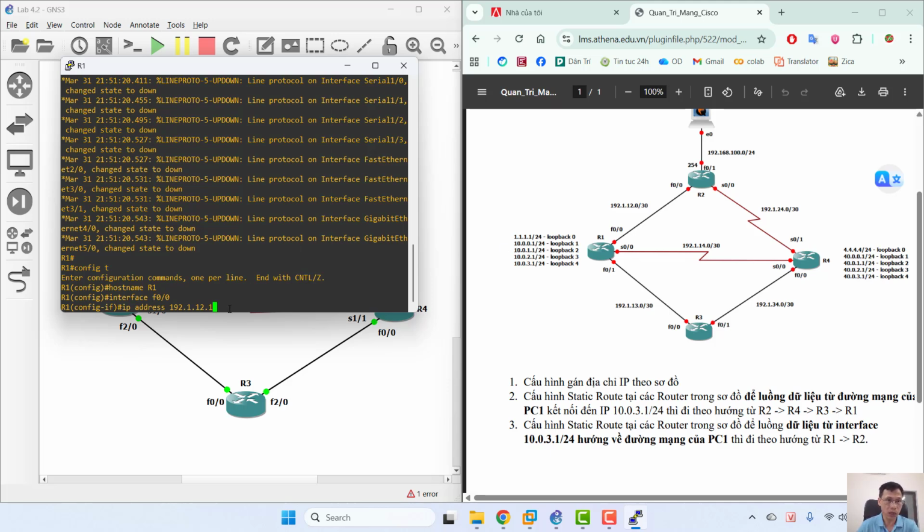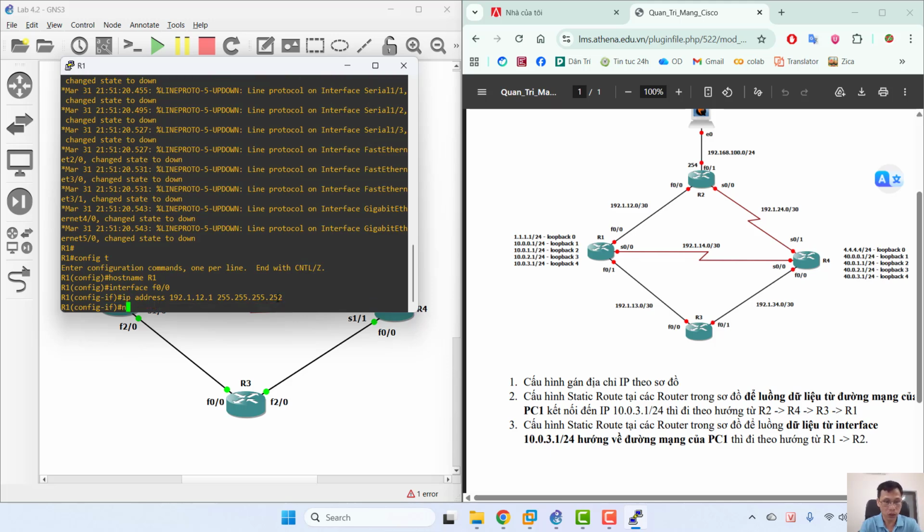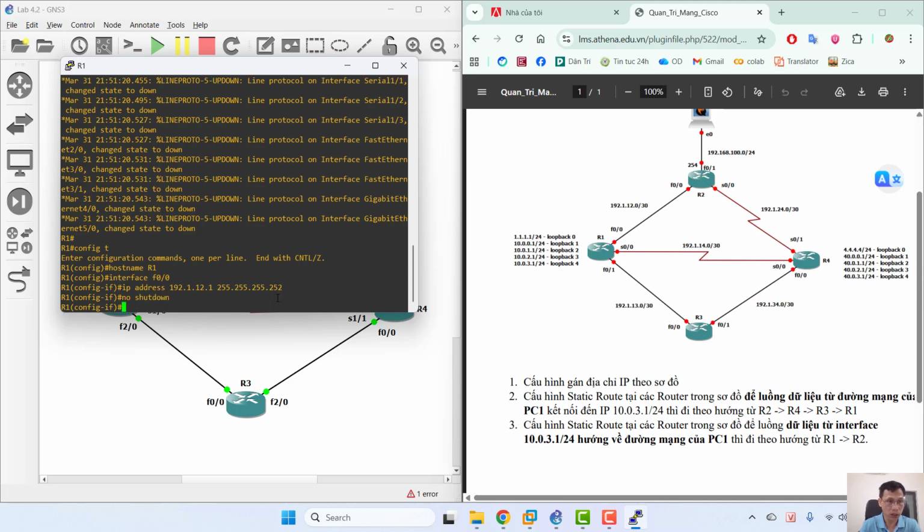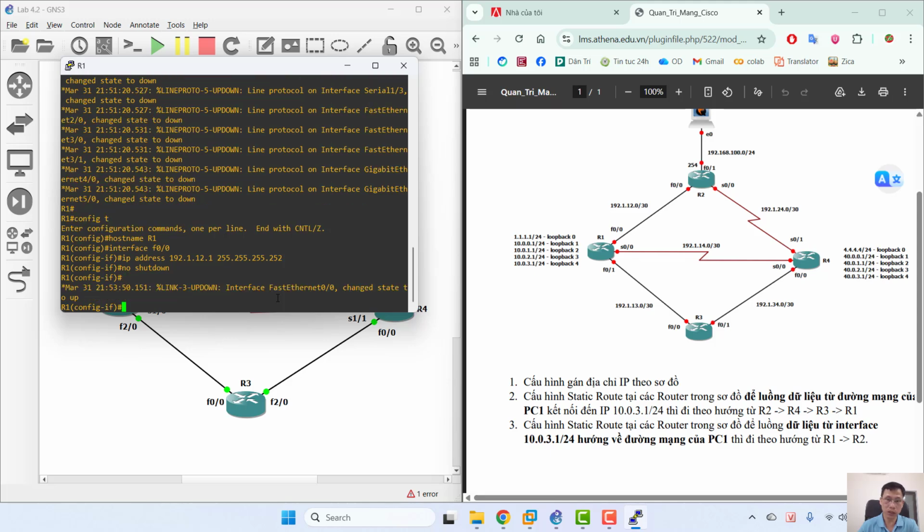So I set this IP to 1.12.1, subnet mask 255.255.255.252, since the subnet mask length is 30. Enter. No shutdown.